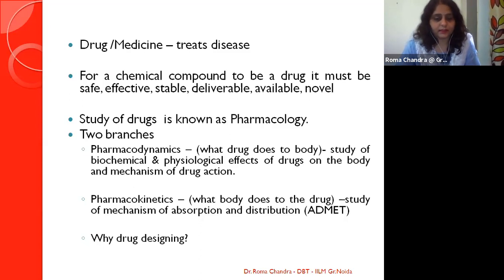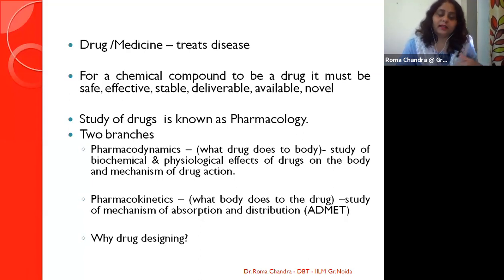The percentage of effectiveness should be enough that it is helping the disease treatment. Stability refers to the property that a drug molecule should be stable enough and should reach its site of action. It shouldn't be converted to some other alternate molecule or be broken up into its atoms.